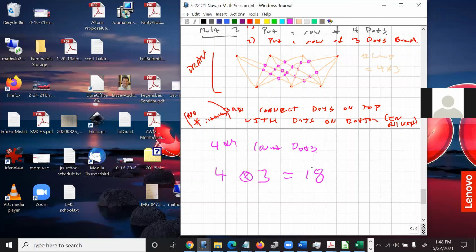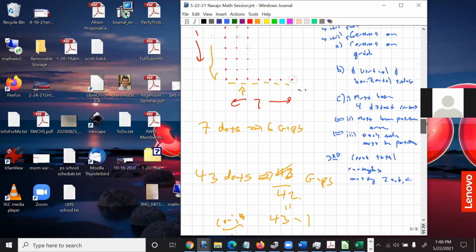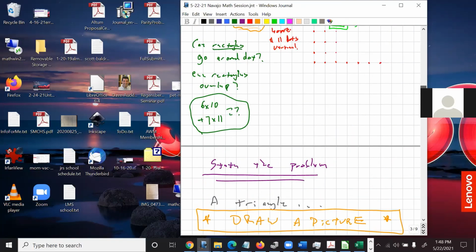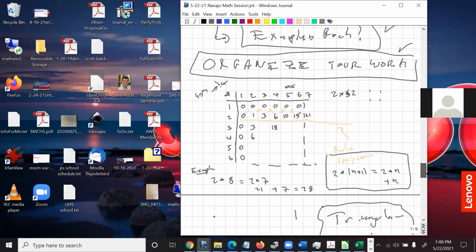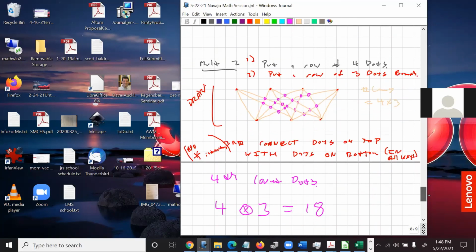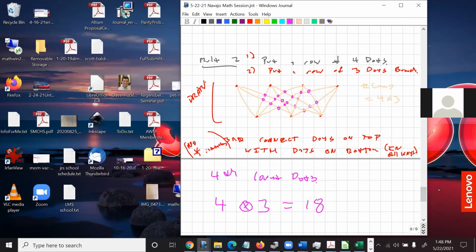Huh. This doesn't look like the rectangles at all, but it seems like I got the same number with a very different problem. Yes? Do you think this is a coincidence, or do you think that happens to be the same for some reason? What's your guess?